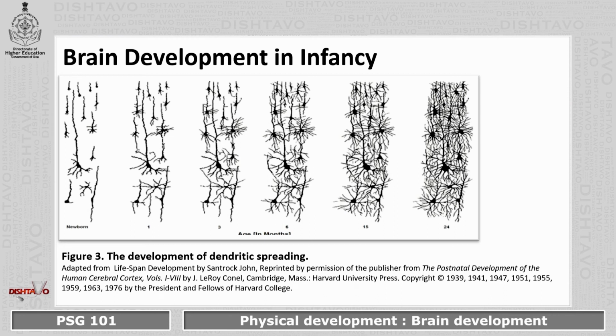Blooming and pruning vary considerably by brain region in humans. For example, the peak synaptic overproduction in the area concerned with vision occurs about the 4th postnatal month, followed by a gradual pruning until the middle to the end of the preschool years.